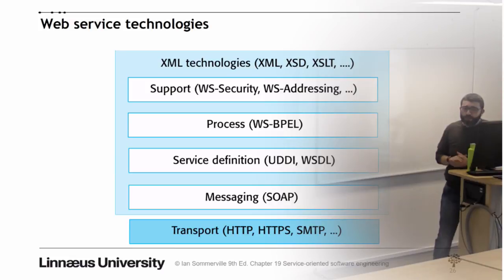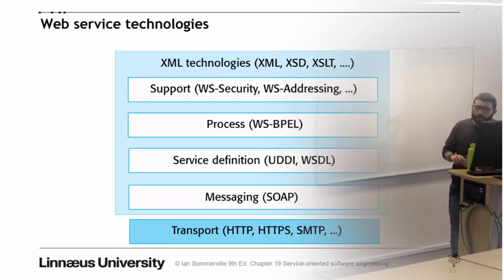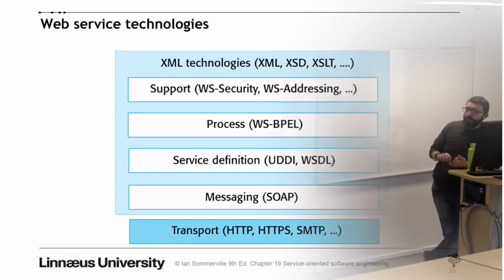On top of this layer, there's been introduced a new layer that exploits XML technology. So we have, as we introduced before, the SOAP protocol that is in charge of communication, then defining how two different services can exchange messages.